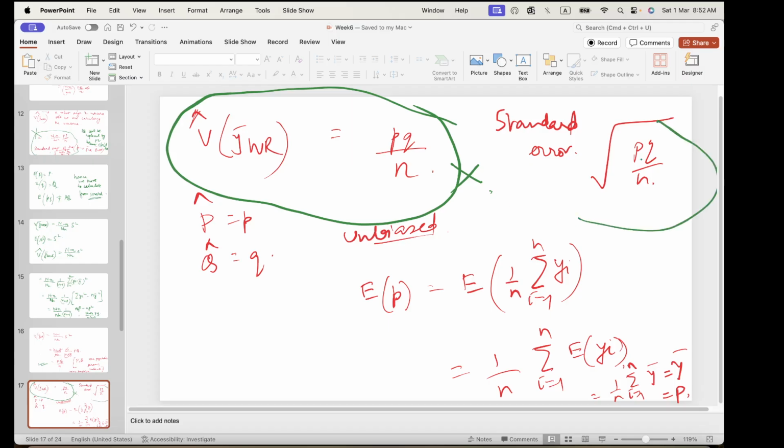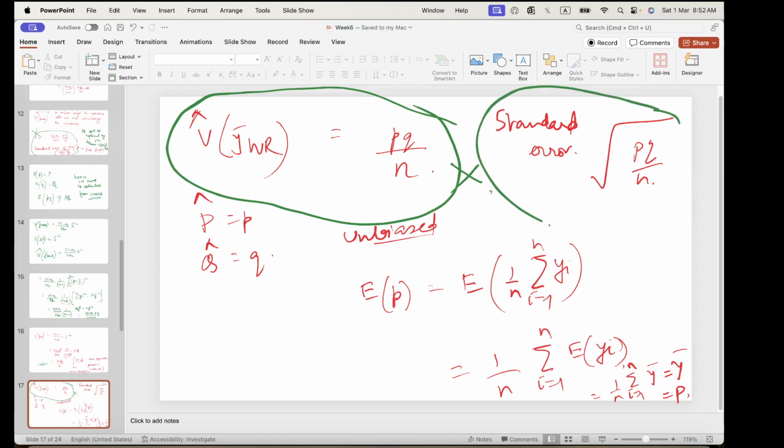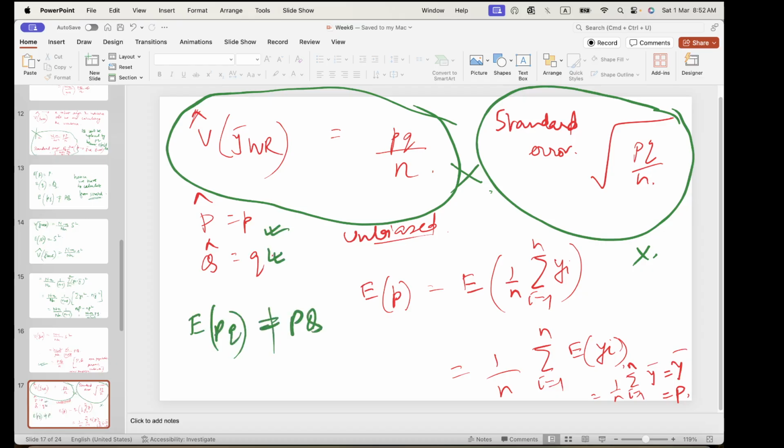Consequently, this also is also wrong. Okay. This is true, but expectation of PQ is not equal to PQ. Okay.